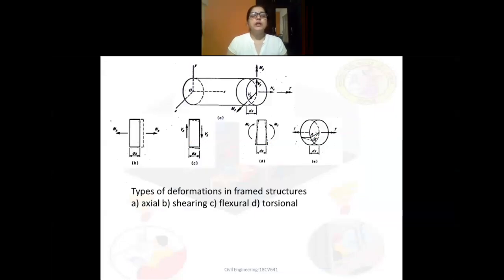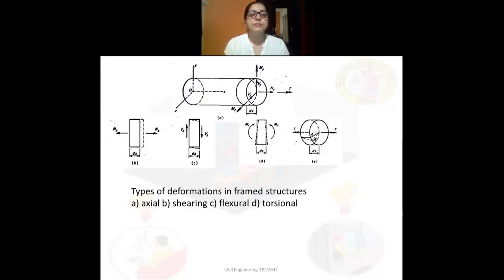So next, the types of deformation which we observe in frame structures. Axial deformation you can see in figure A, along the axis of the member, NX.